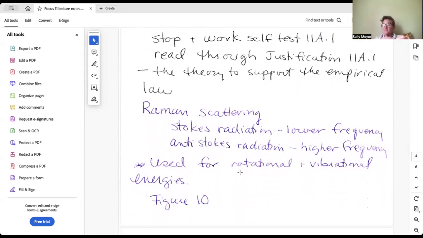That means some of the energy of the photon was used to excite the vibrational or rotational energy. Anti-Stokes is the opposite, it comes off at a higher energy. That means the molecule lost some energy in its rotation or vibration, and therefore the photon that comes off has higher energy than the light that you hit it with.